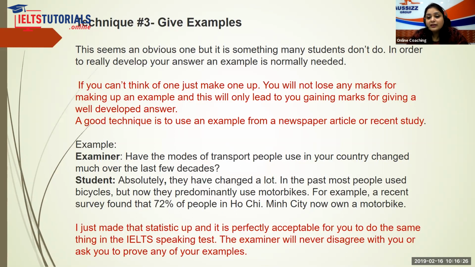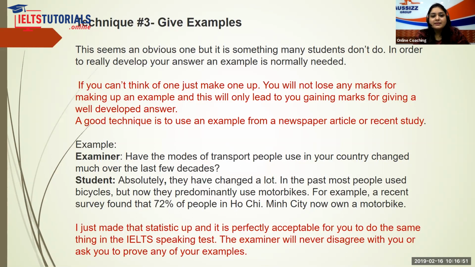Then I have given that in the past most of the people used bicycles, but now they predominantly use motorbikes. And then, if I'm lacking in my thoughts, I've just quoted my example here. Okay, like according to a recent survey, it's found that. So I just made the statistic up. It's perfectly acceptable for you to do the same thing in the IELTS speaking test.